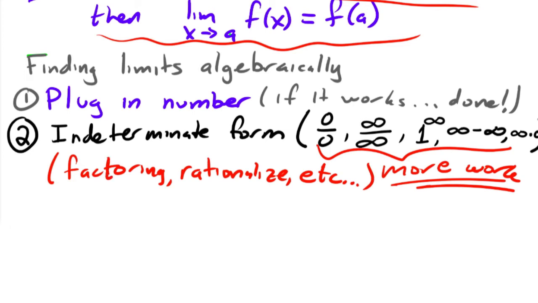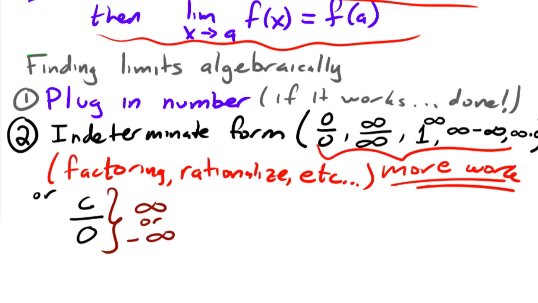Okay, and then you can also get a constant over 0. This isn't indeterminate, and we'll deal with it later, but what it means is that it's going to infinity or negative infinity.